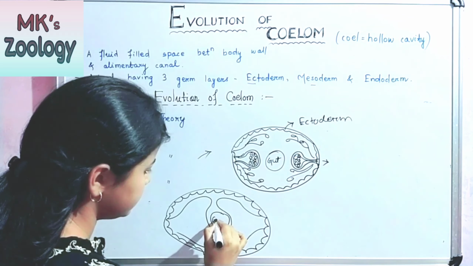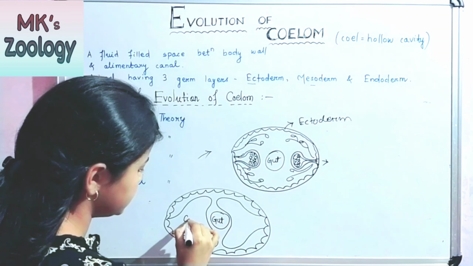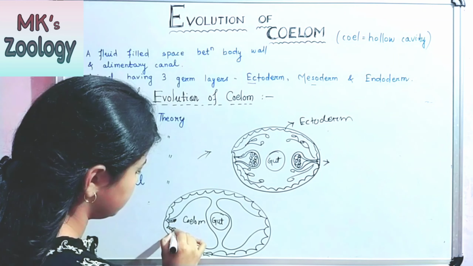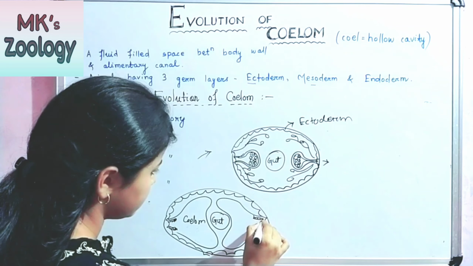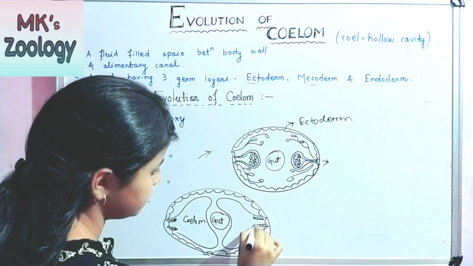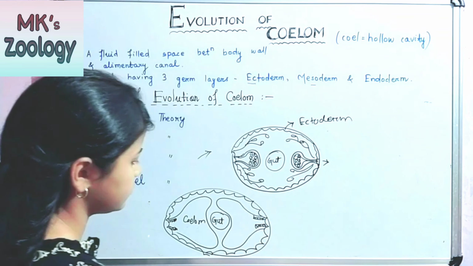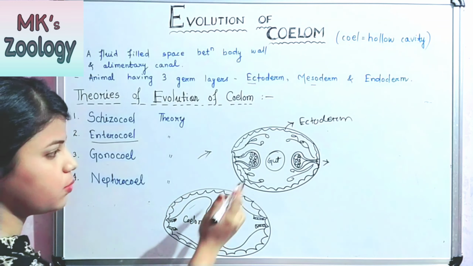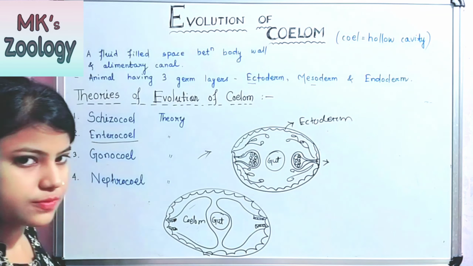This is your gut and this is your coelom. This is your gonad, and the coelom is formed from the expanded form of the gonad.